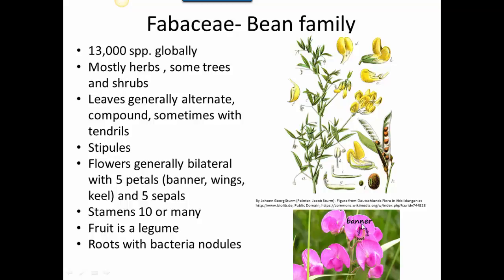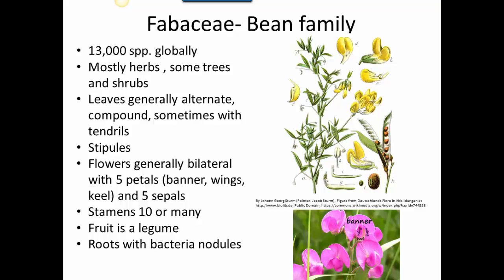So we can see that if we look at this flower, there's only one plane of symmetry here. And there's some specific terminology that we use to describe the flowers that are generated by species within Fabaceae. So they generally have 5 petals.